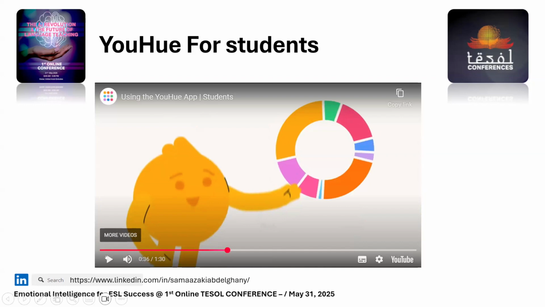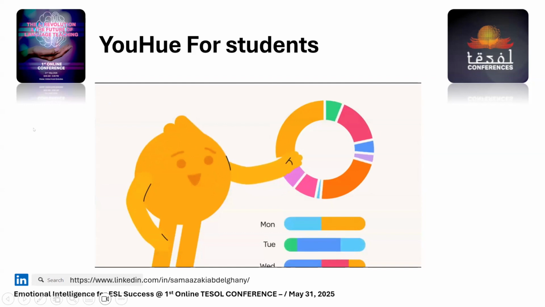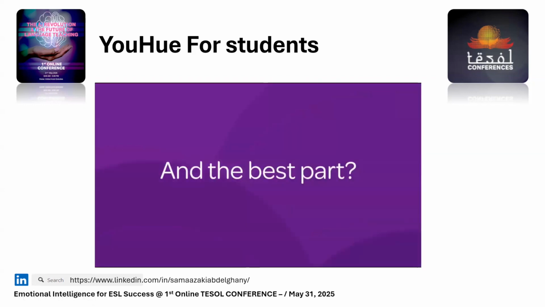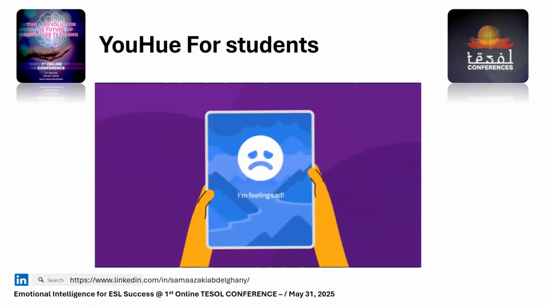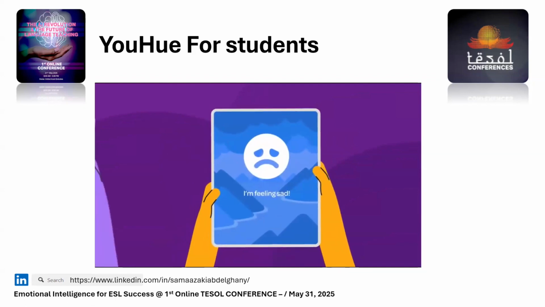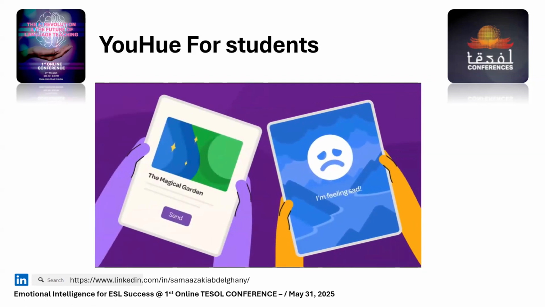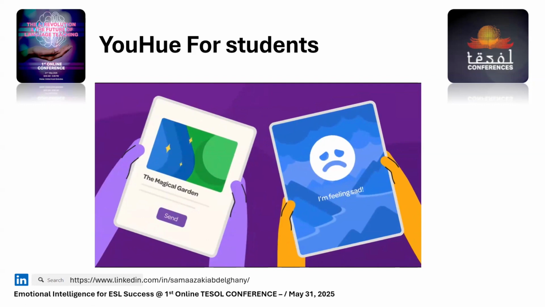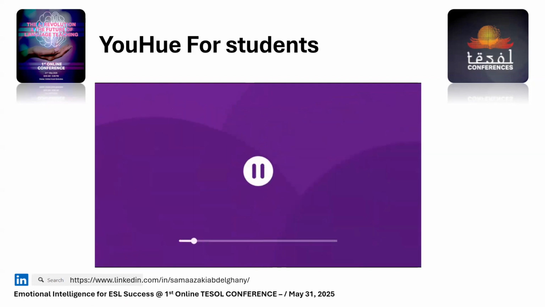With this knowledge, you can start to understand yourself better. And the best part? When you log your mood, your teacher can respond by sending a message or suggesting an activity based on how you're feeling. Today, we're going to visit a magical garden, which is a safe space that we can go to when we feel sad, disappointed, hurt, or lonely.